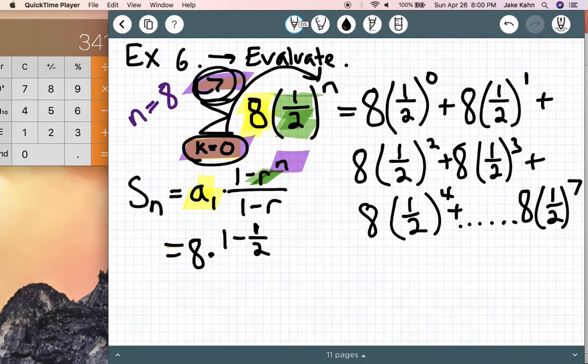So we'll have 1 minus 1/2 to the 8th power over 1 minus 1/2.